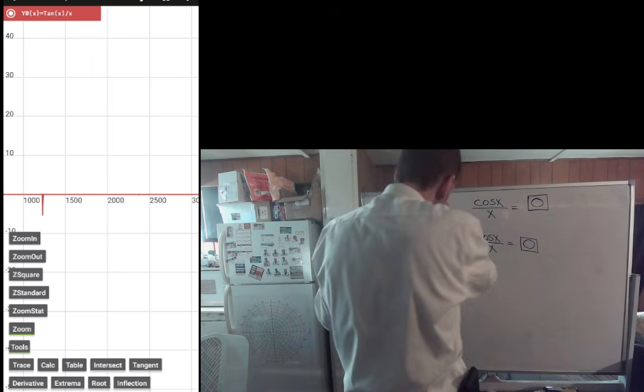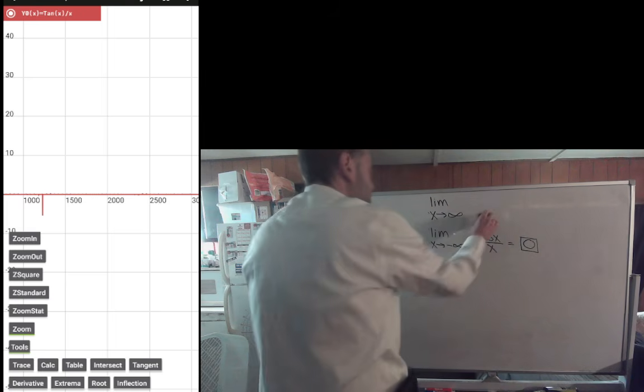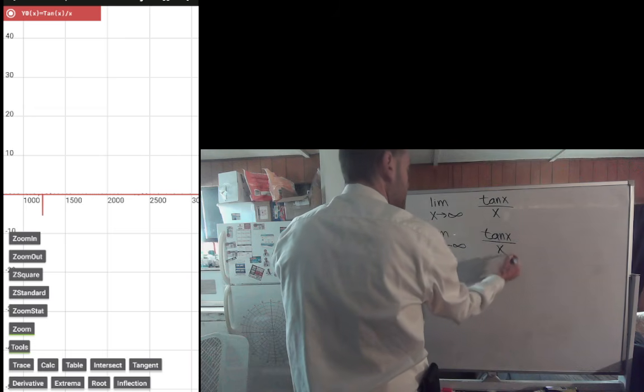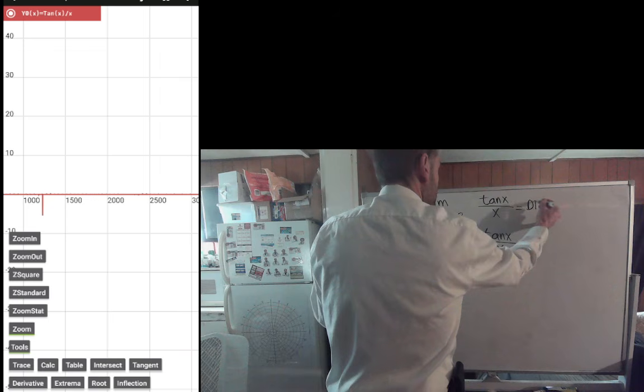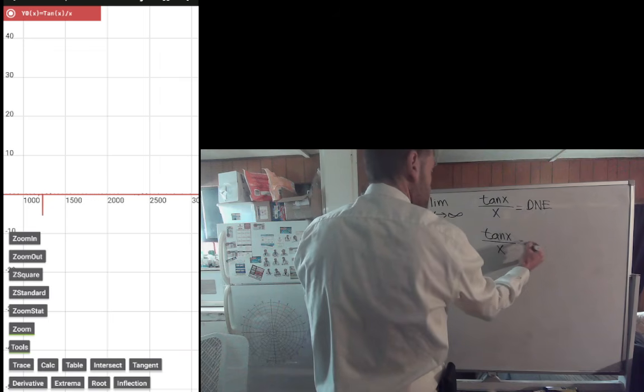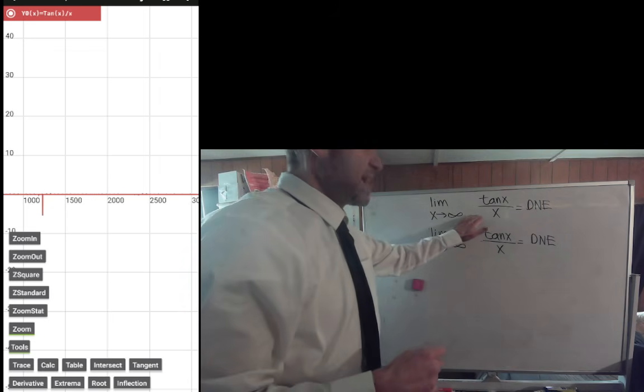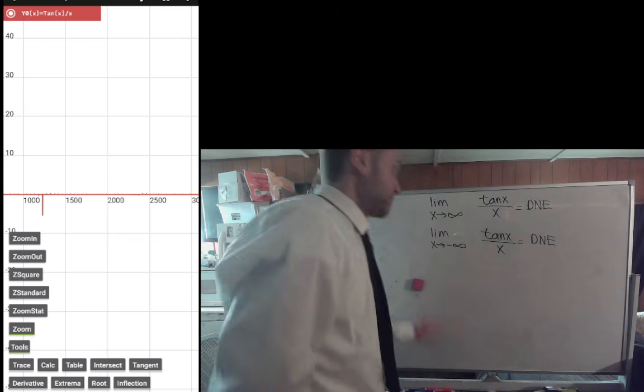So you could almost say that the limit as x approaches infinity and negative infinity of the tangent of x all over x, due to what we're seeing graphically, does not exist, because it would look like it settles towards 0, but you have all those spikes in between with various different values. So these limits actually wouldn't exist for that reason.